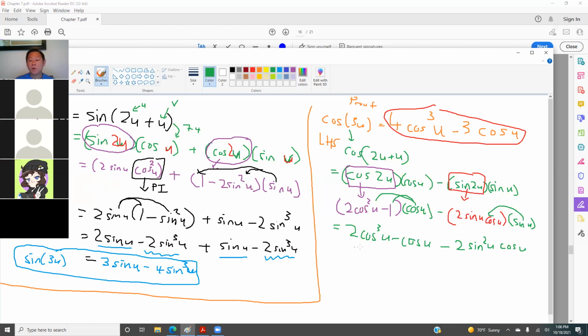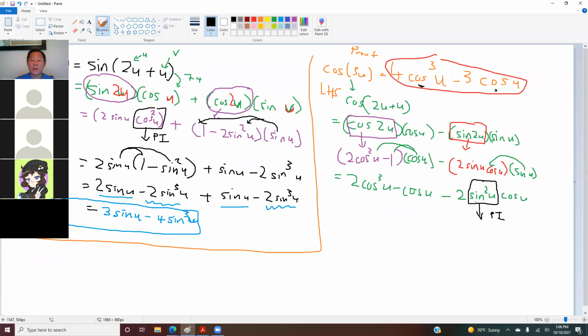But if you look at this whole thing, they are all cosine, cosine, cosine, except this one is in sine. So we need to change this into cosine, because your proving is all cosine here. What do you do here? We use what? Pythagorean, right?